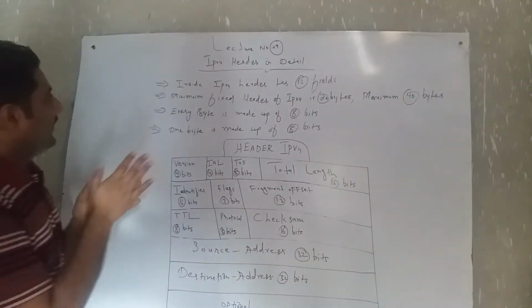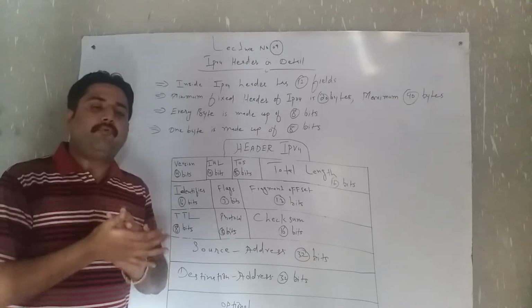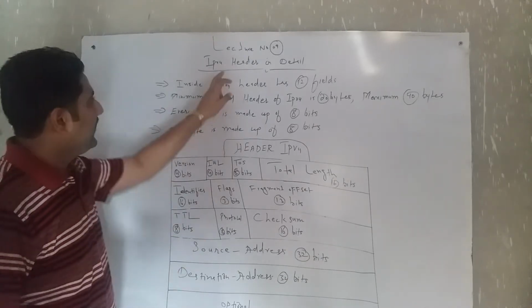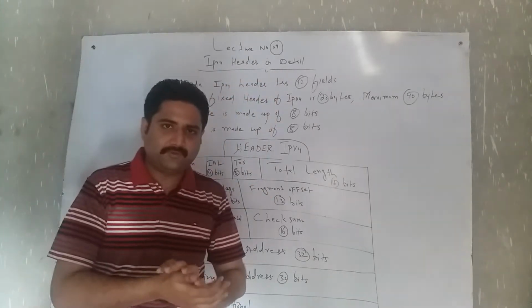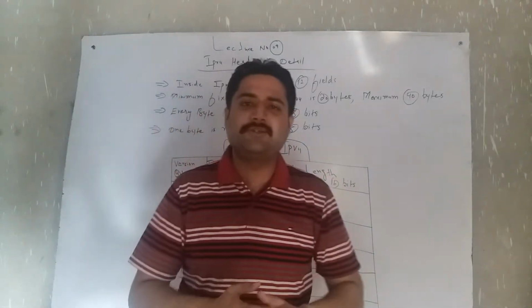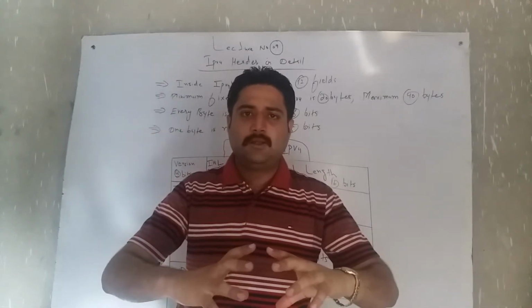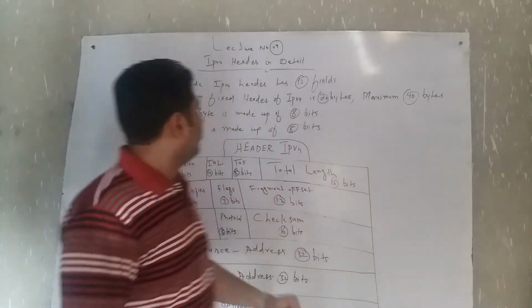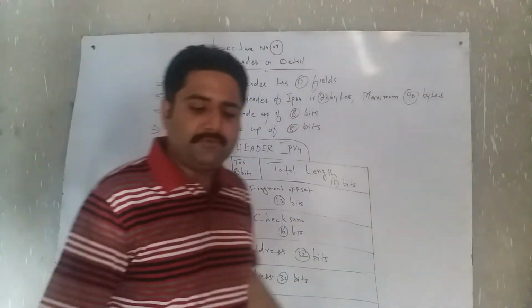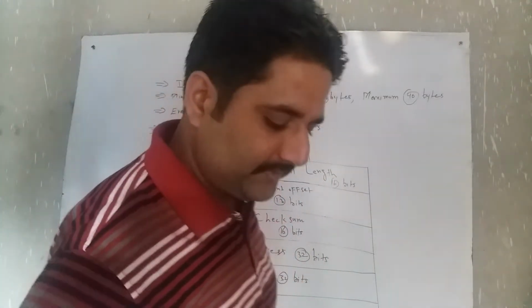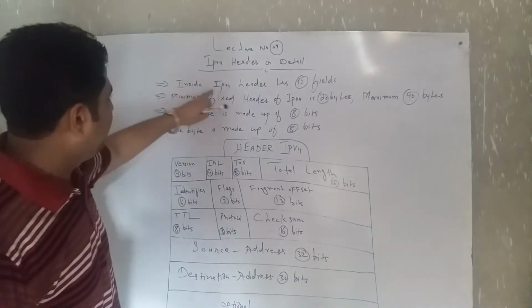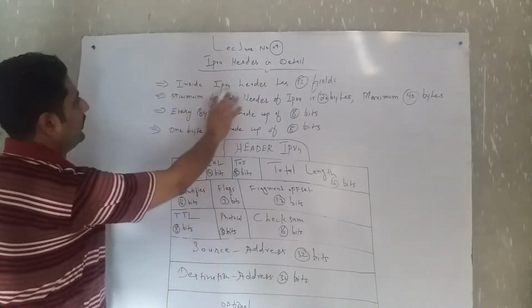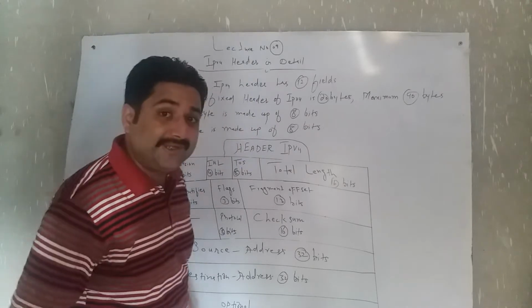So lecture number 9 is the IPv4 header. IPv4 stands for Internet Protocol version 4. First of all, friends, you have to keep in your mind that the IPv4 header has 12 fields.